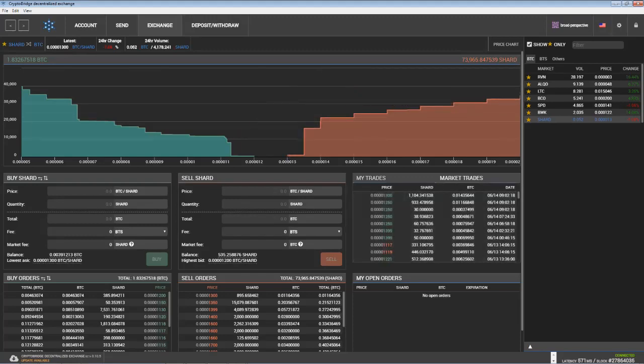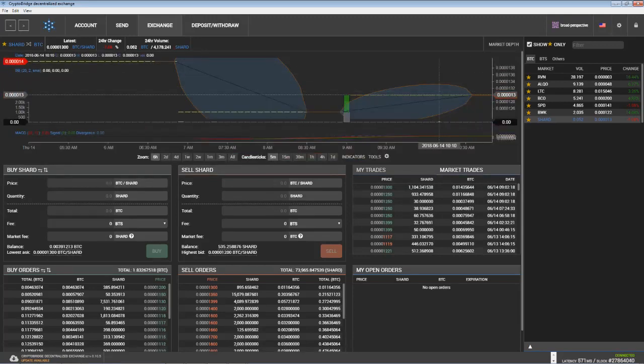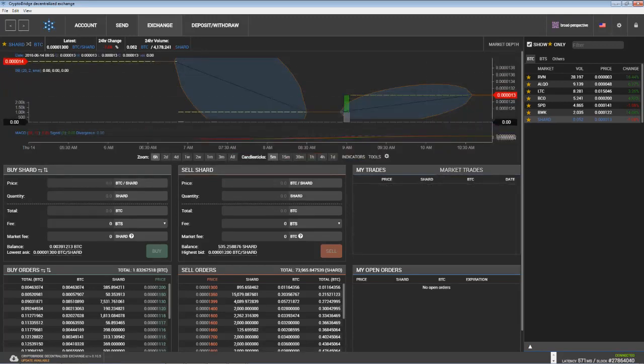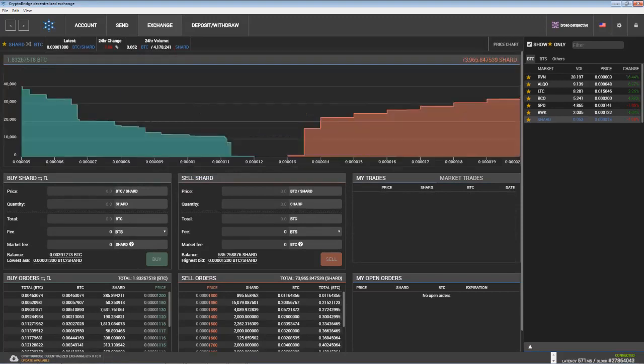You can see the last trades here have varied almost 10, 15%. So that's opportunity for anyone willing to put their assets to work here.